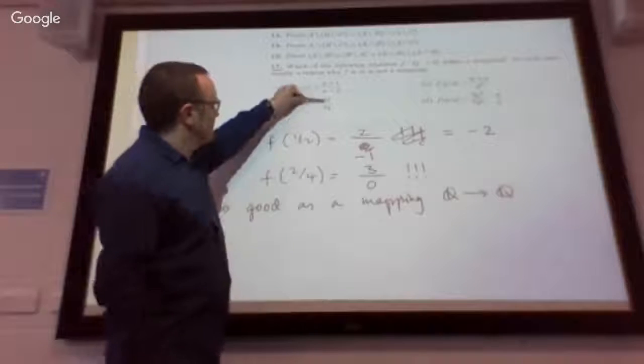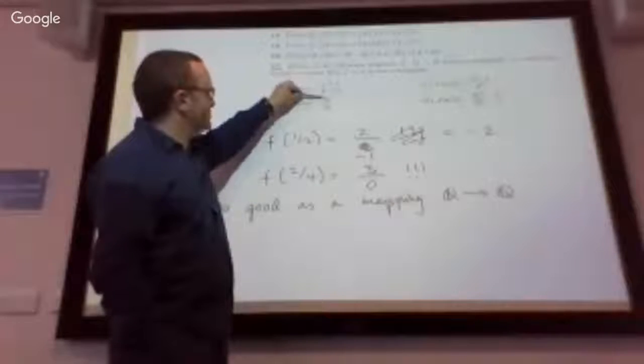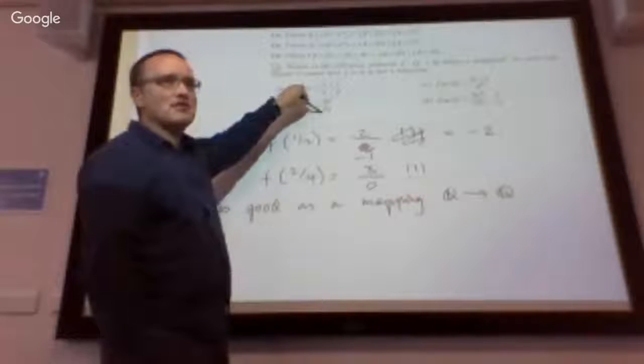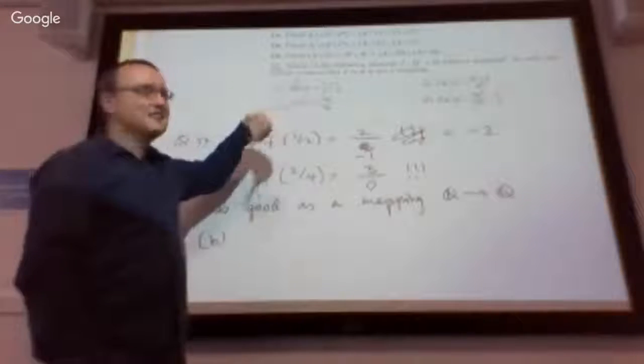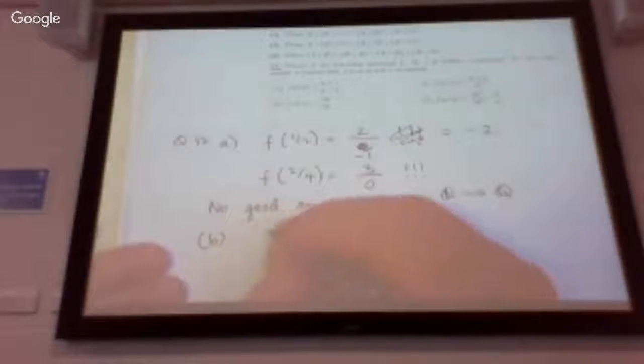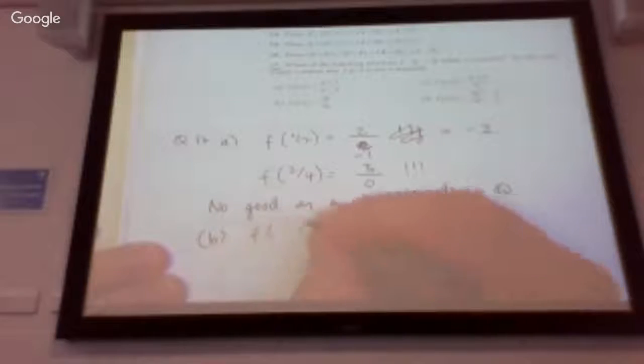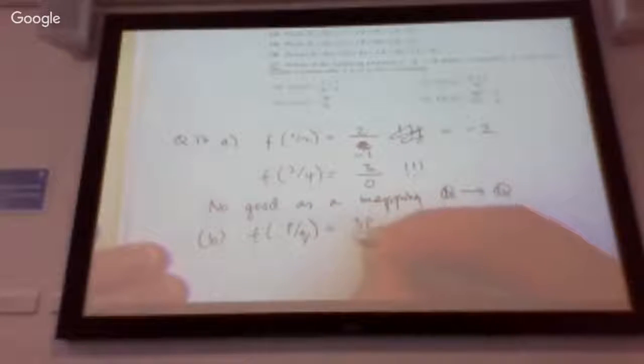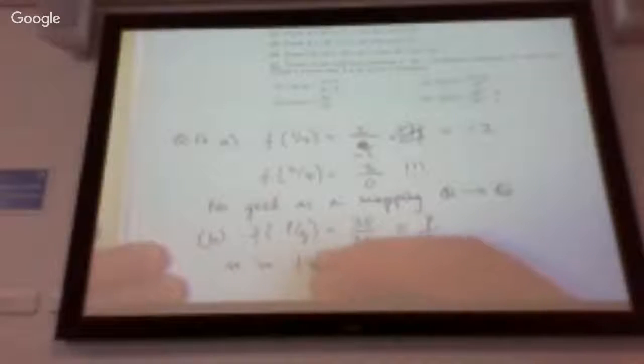Algebraically, we notice we're multiplying it by 3 and dividing it by 3, so we're only multiplying it by 1. So f of p over q is 3p over 3q, which can be cancelled down to p over q. So in fact, this f from Q to Q is simply the identity.